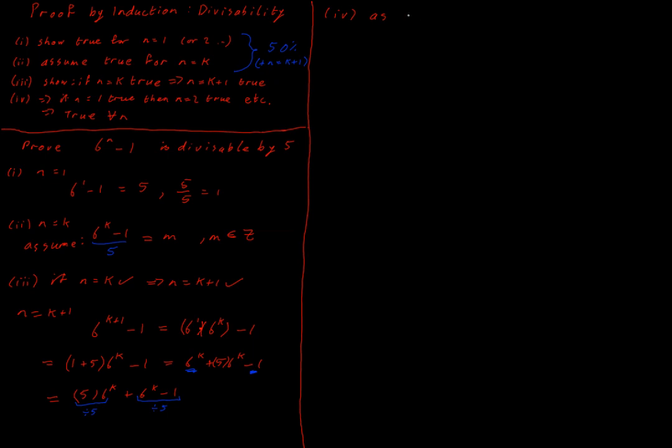As n equals k plus 1 is true if n is equal to k is true, and I have shown that n is equal to 1 is true, therefore this relationship will hold for n is equal to 2, which would be the k plus 1 situation. Therefore, if it's true for 2, it must be true for n is equal to 3, and so on. Therefore, I have shown that this is true for all values of n.